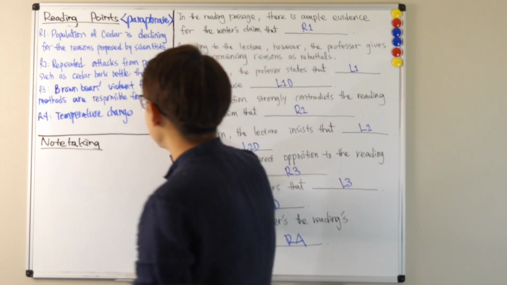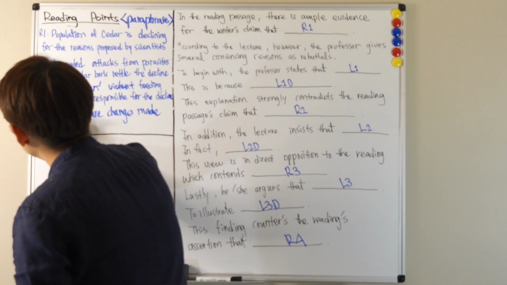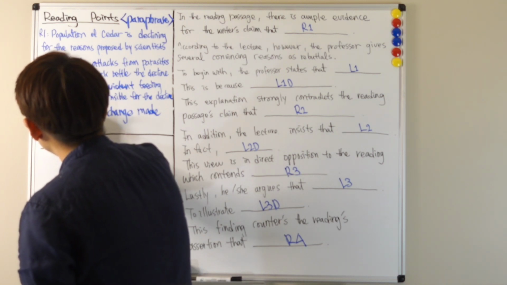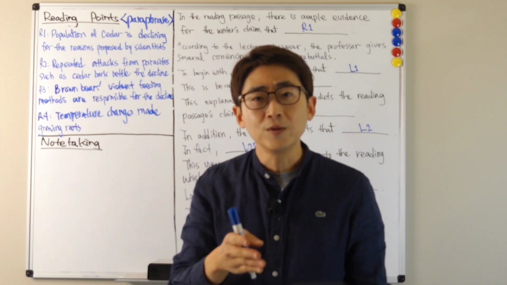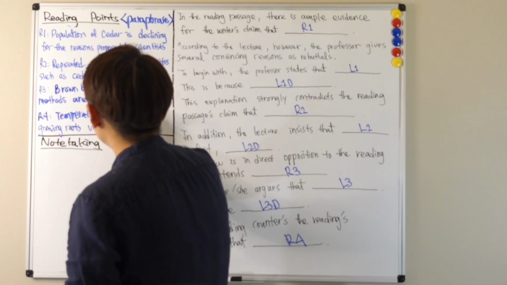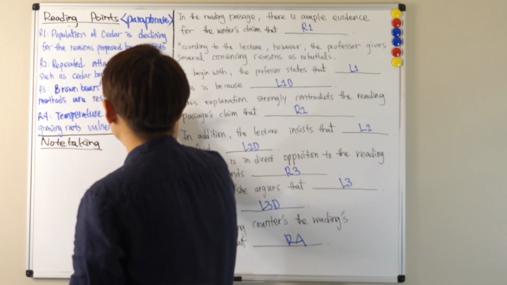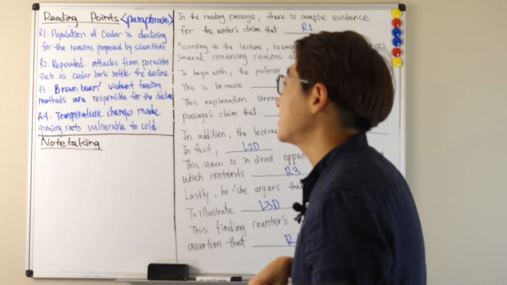Made. So instead of saying cause, we can say made. Growing root vulnerable to cold. So now we have it. We have the 4 sentences.